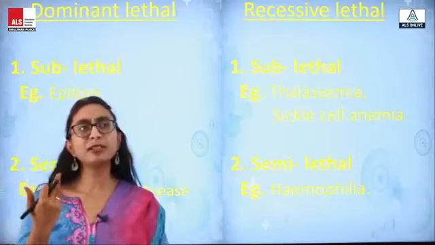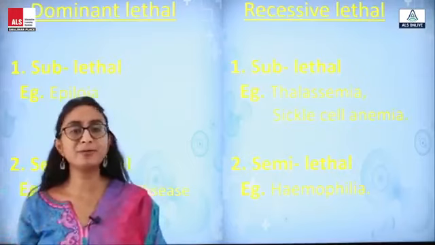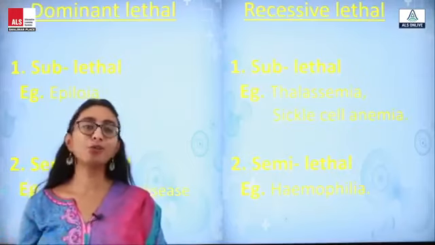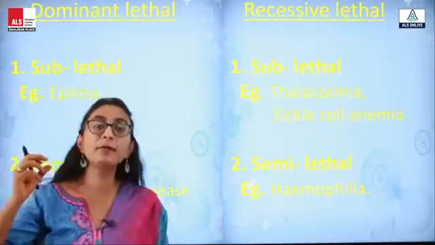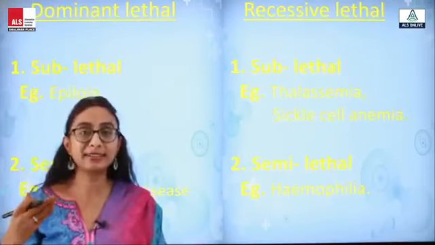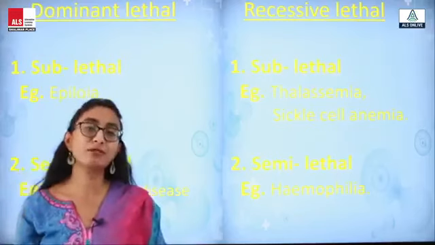Then you must wonder, how did Queen Victoria get it, and how did it get transmitted? Actually she herself got it through mutations. In hemophilia, the females are generally carriers. They do not suffer from the disease. Only the males will suffer from the disease.